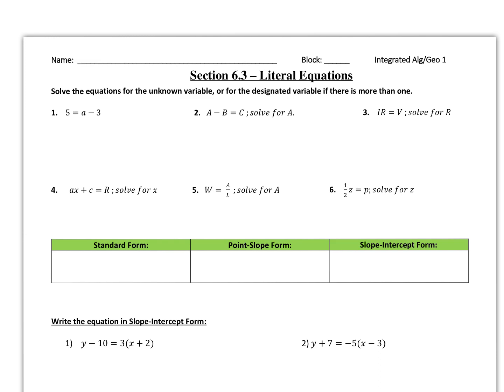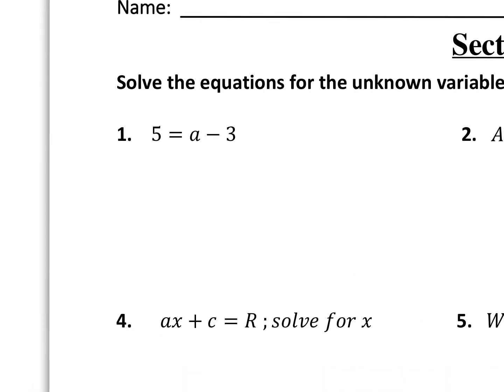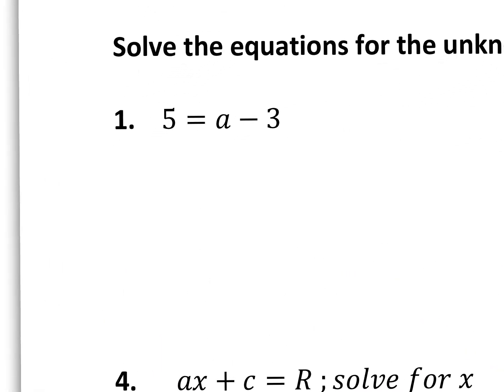All right, let's look at the first one. So this one only has one variable, so I'm going to go ahead and circle that so we can focus on what we're trying to solve for. Thinking back to solving our equations from first semester, just draw a line down the equal sign. If we want to solve for a, that minus 3, we've got to get rid of that.